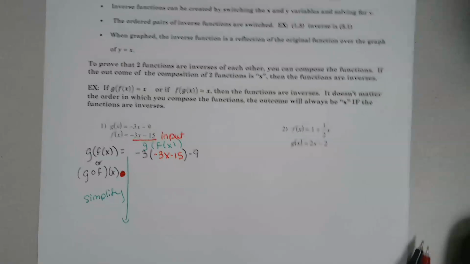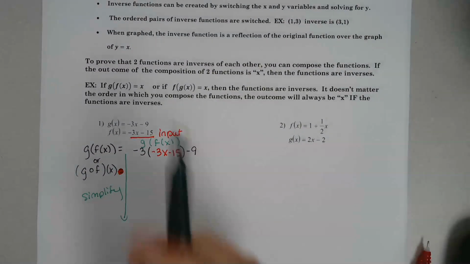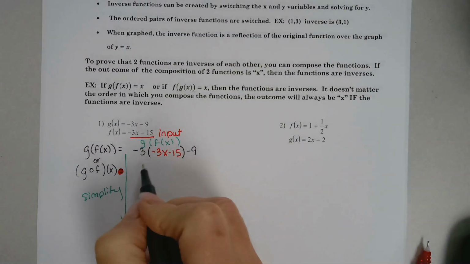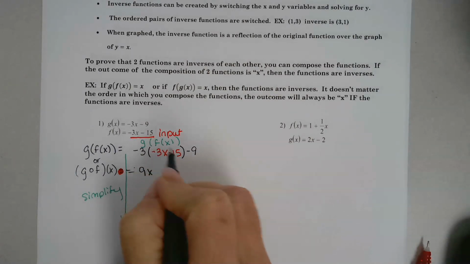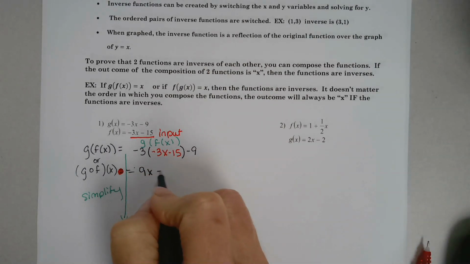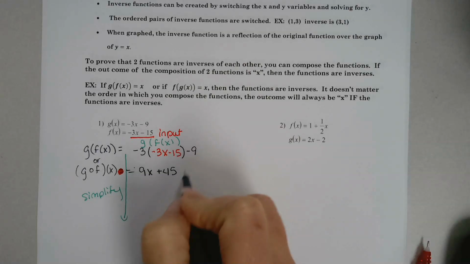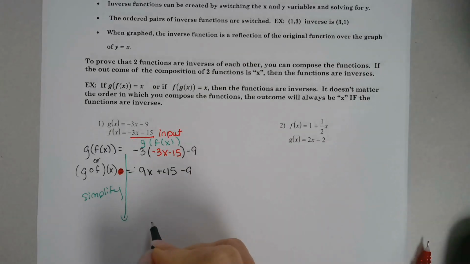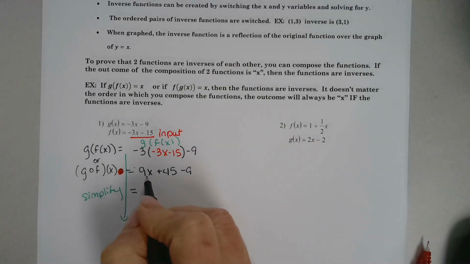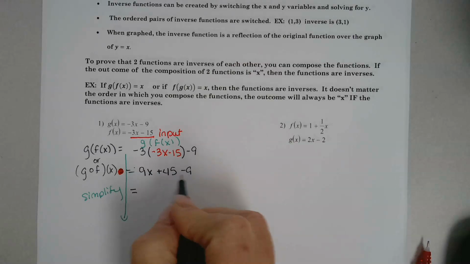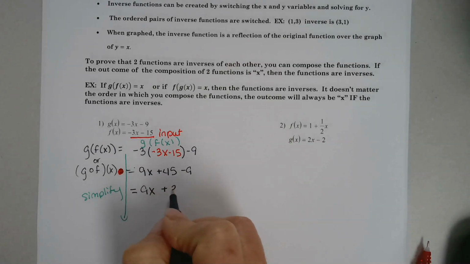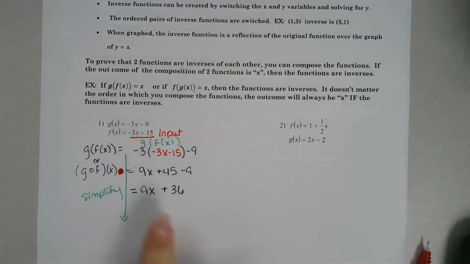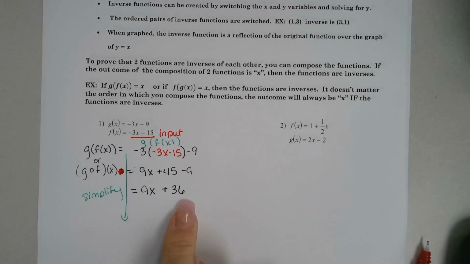All right, so when we simplify, -3 times -3x gives you a 9x. -3 times -15 is a positive 45, and then we have -9 on the end. 9x plus 45 minus 9, we can combine those two terms. That gives us a plus 36. Now, did we end up with x?